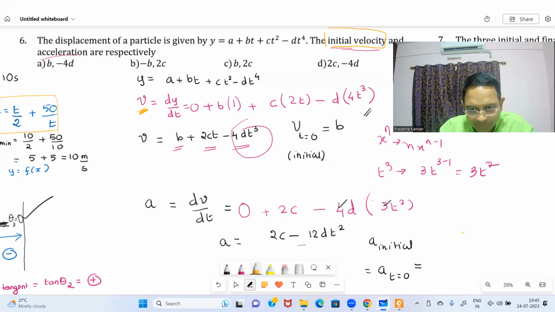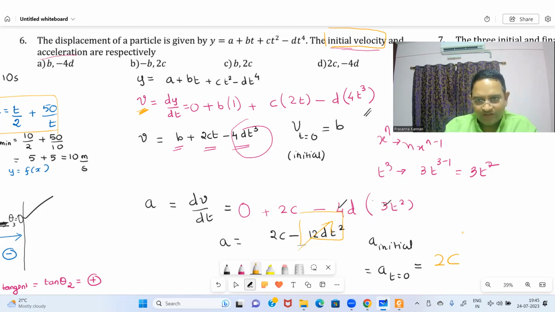What will happen to this term when T is 0? 0 into anything is 0, right? Yes, sir. So this is 0. So what is the answer? 2C. Only 2C will be remaining.